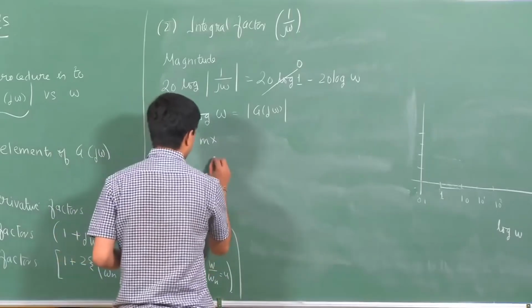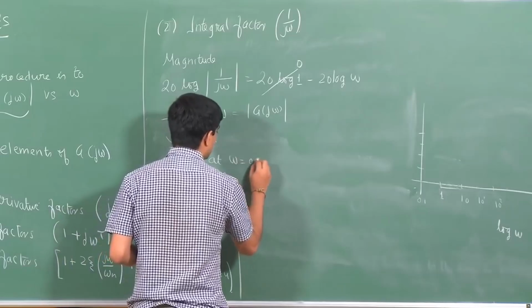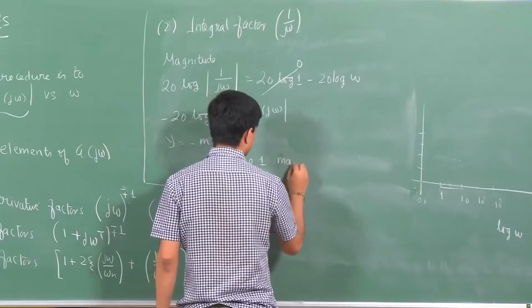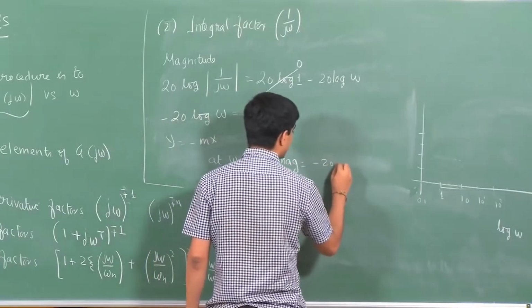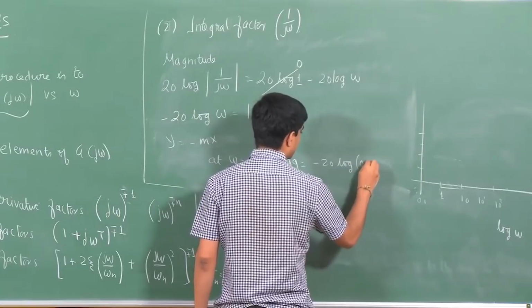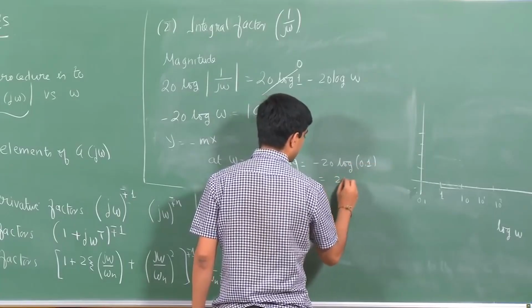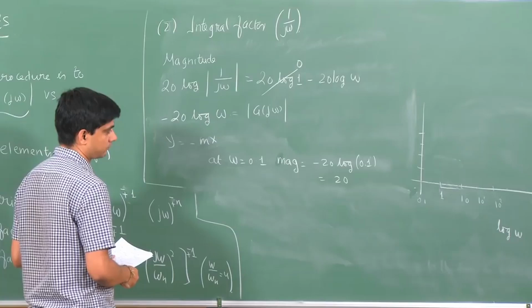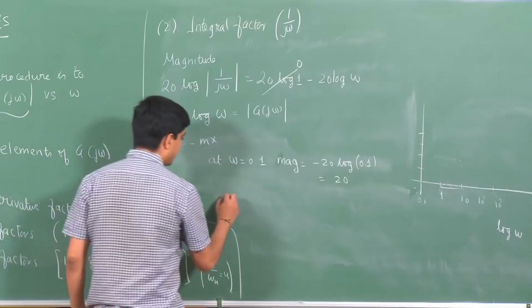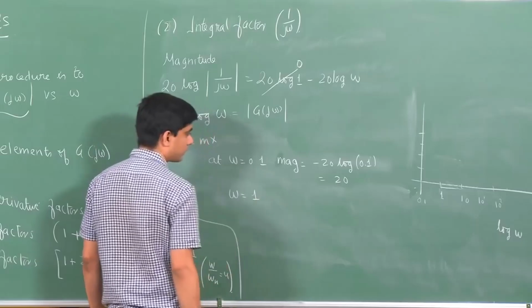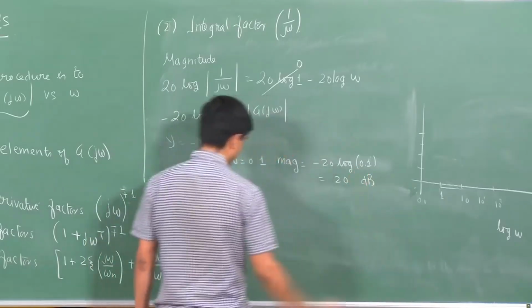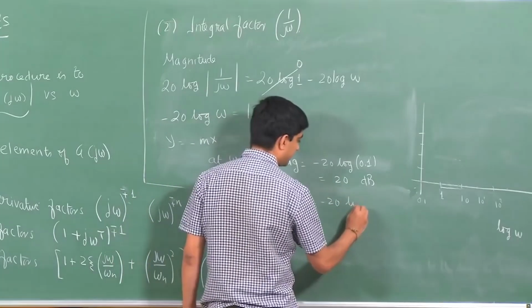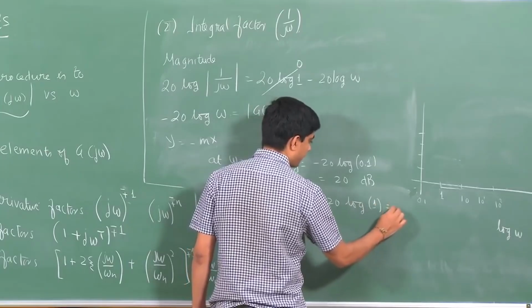So at omega is 0.1, the magnitude is minus 20 log of 0.1, this will be 20. Similarly at omega equal to 1, this is again all in decibels, the magnitude is minus 20 log of 1, which is 0.